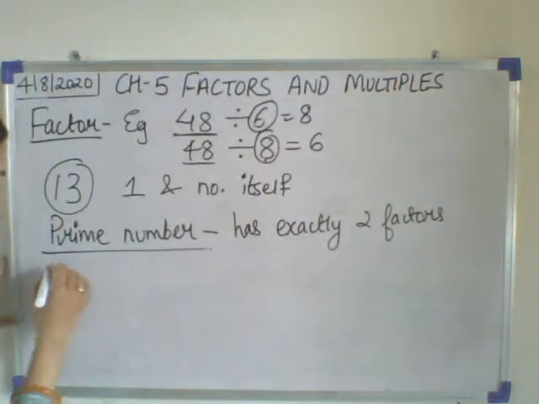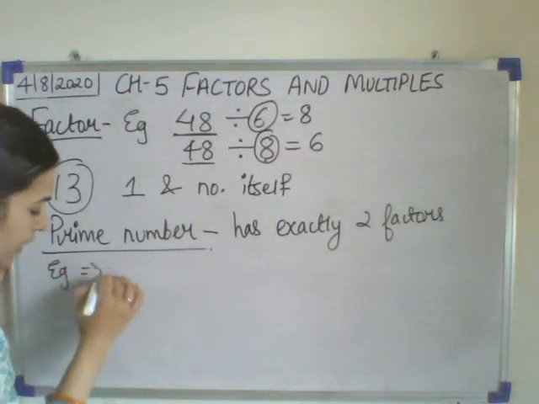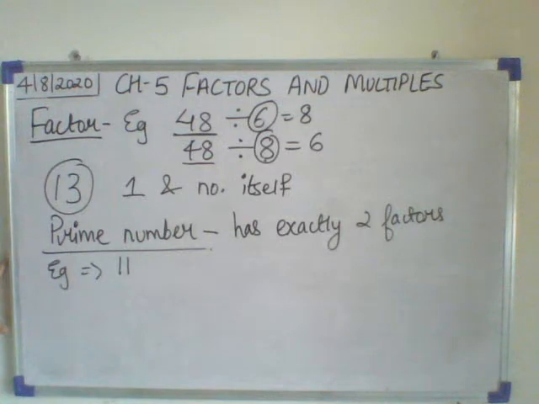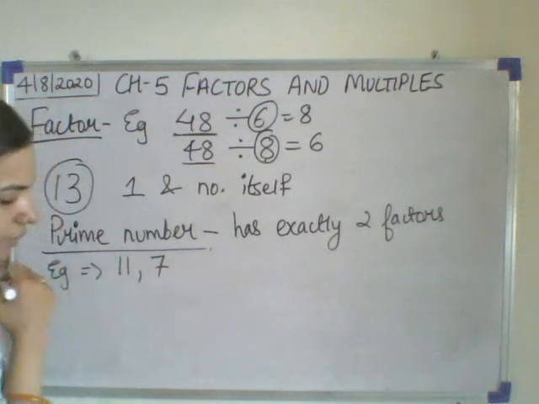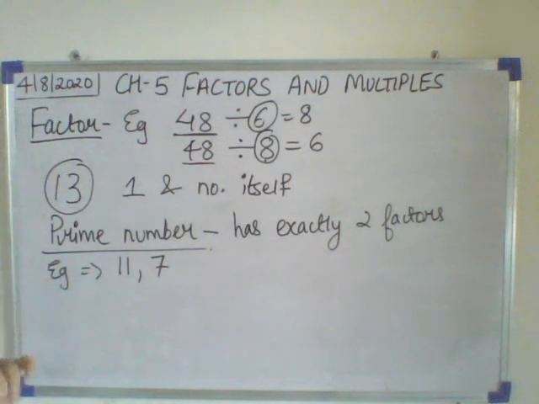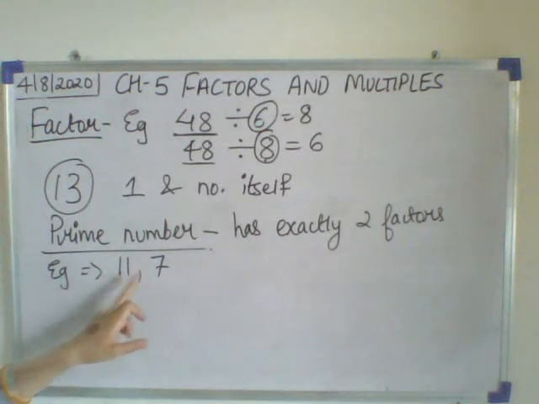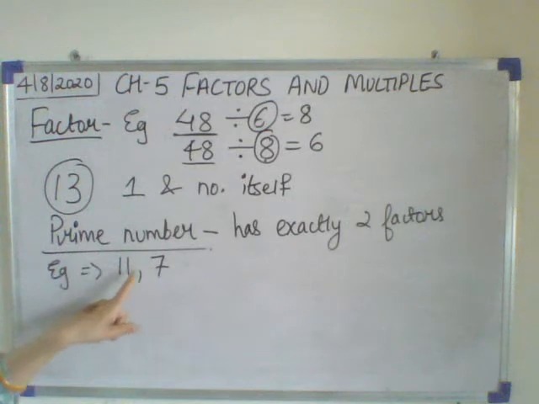Let us take an example. What are the prime numbers? Like 11. 11 is a prime number. 7 is a prime number, because it has two factors, 1 and the number itself.